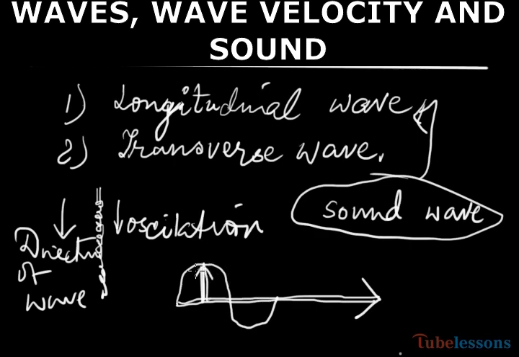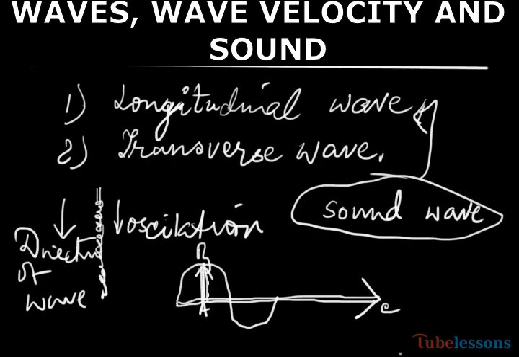So if the oscillation of the wave particle is perpendicular to the direction of the wave, oscillation is AB and wave is AC. So AB is perpendicular to AC. This type of wave is a transverse wave.